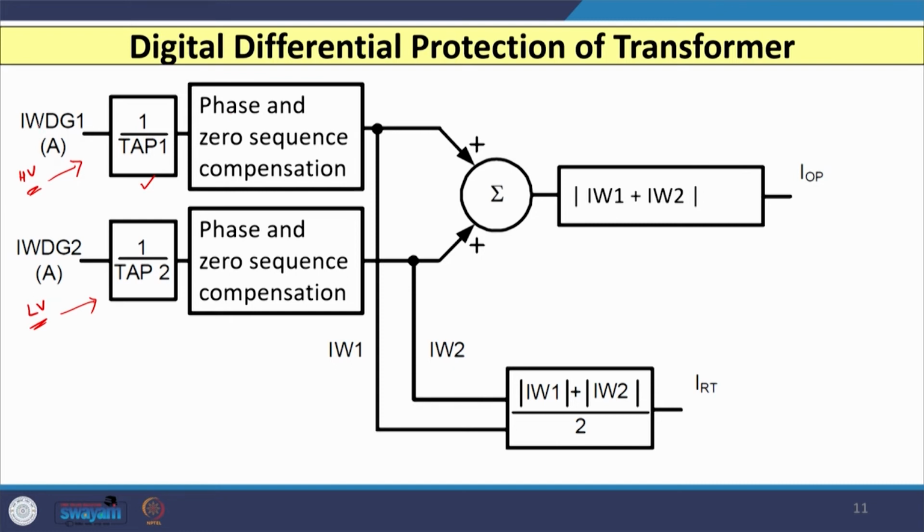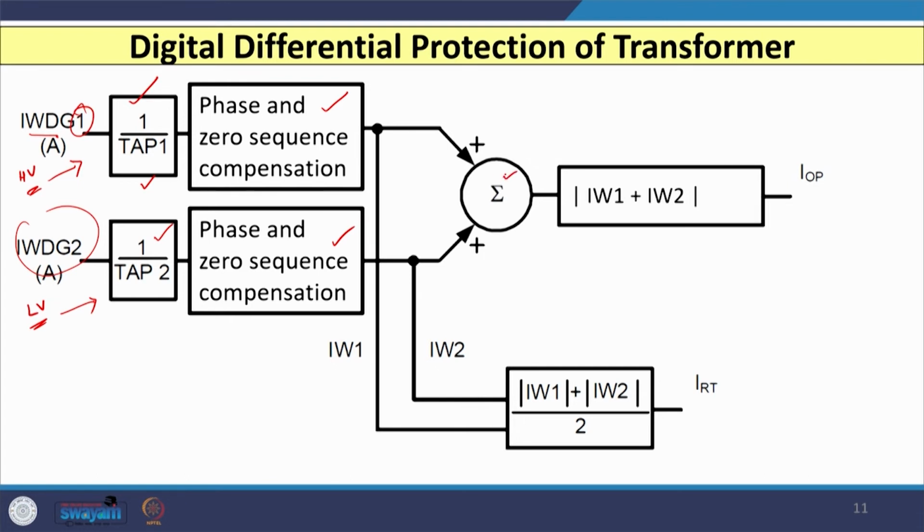So, IWDG1, where I is current, WDG is winding, and 1 is the first winding or HV winding. Magnitude compensation is done by this tap equation, and then we want phase sequence and 0 sequence compensation. That also we can achieve mathematically using a matrix, and similarly for the other side winding, that is IWDG2, we have magnitude compensation and phase and 0 sequence compensation.